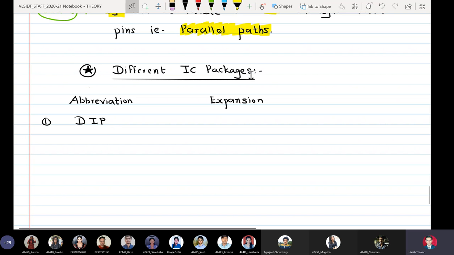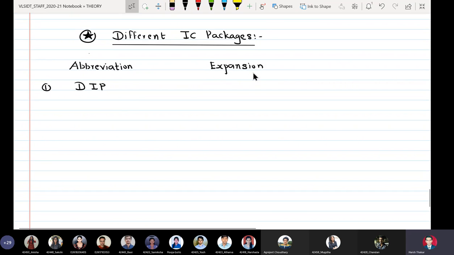What is the expansion of this abbreviation DIP? This is known. What does DIP stand for? Dual inline package. Okay.